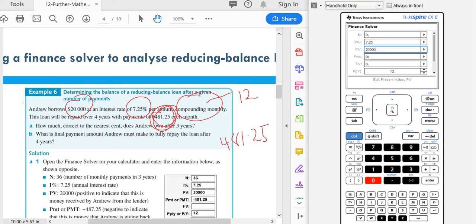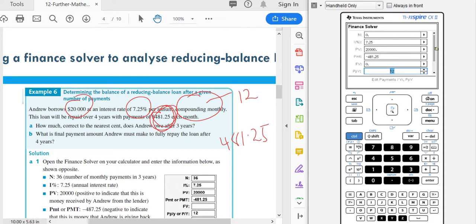That's a payment amount, but we're giving that amount to the bank. That has to be a negative because it's coming out of my account. So we put negative $481.25 into there. And then we know that the compounding, the PPY and CPY, should be 12 for both because it says compounding monthly. So that's all good.